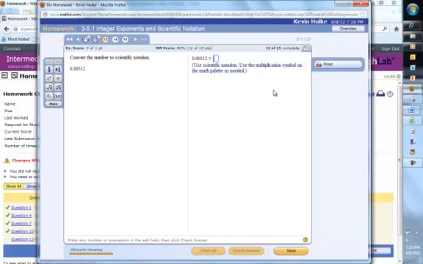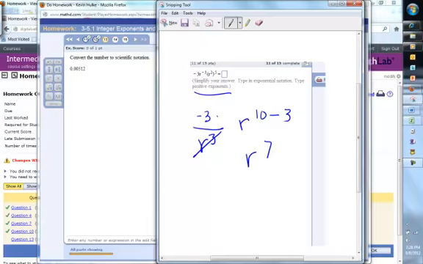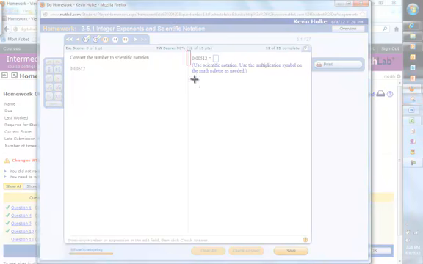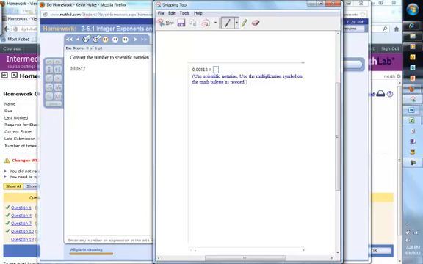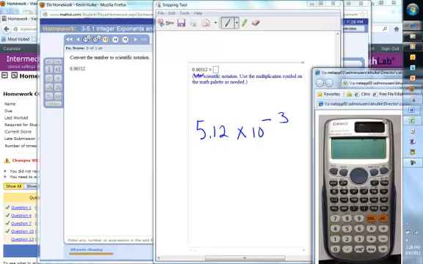Convert that number to scientific notation. So we would move the decimal point 3 places. 5.12 times 10 to the negative third. On your calculator, the scientific notation, let's see if we can find that.